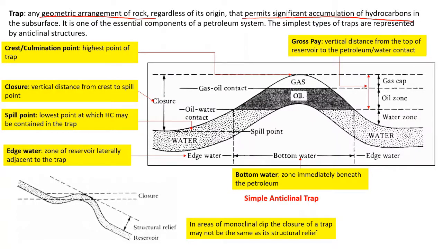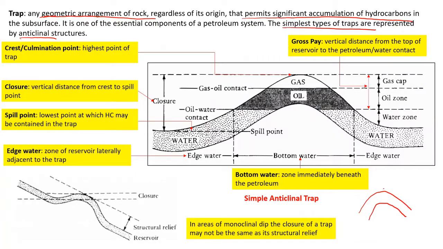And remember that the simplest type of traps are represented by anticlinal structures. So when I say the simplest type of traps, whenever people go for hydrocarbon exploration, the first thing they try to search for in the seismic maps is this convex upward structure, a structure like this, like this.